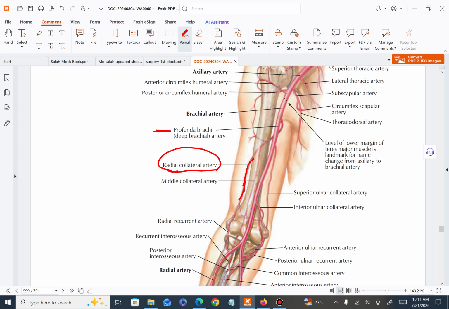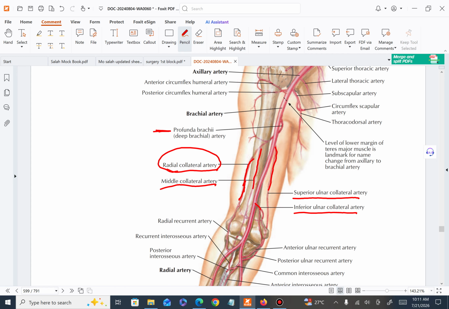The brachial artery in the posterior compartment of the arm also gives the medial collateral artery. Then the other branches from the brachial artery are the superior ulnar collateral and inferior ulnar collateral.